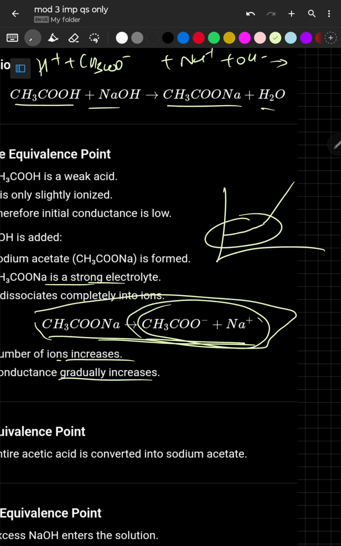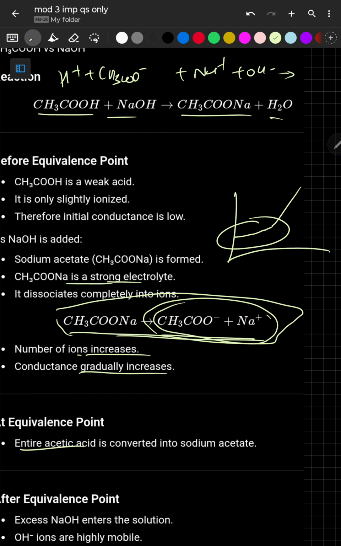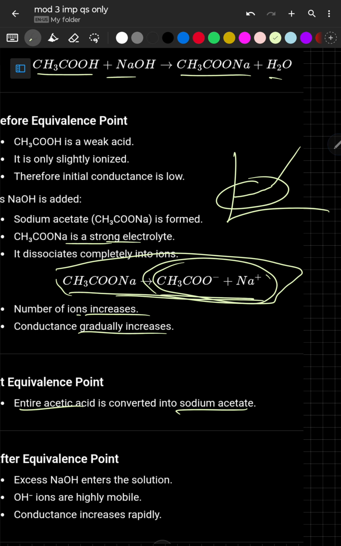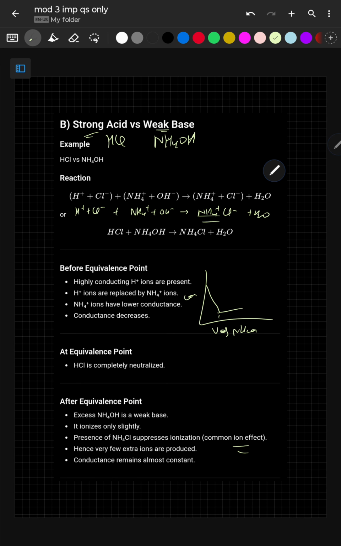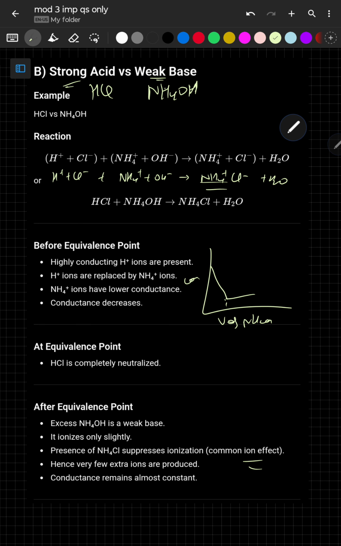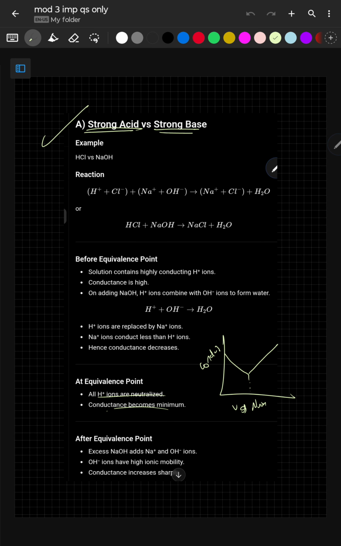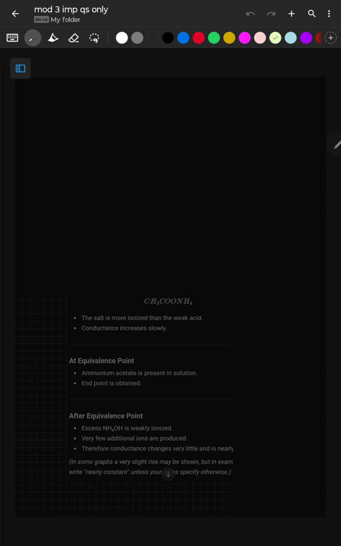After equivalence point, when we continuously add NaOH, the OH minus ions are highly mobile, so conductance increases rapidly.